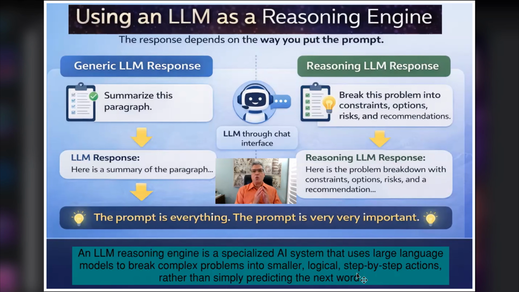It means when using an LLM as a reasoning engine, by providing a very good detailed prompt, the model will take your question and your request and divide it into smaller steps, take each part of your question and deal with it separately, and then put all the responses together and give you the final response with more details than if you provided a generic prompt.